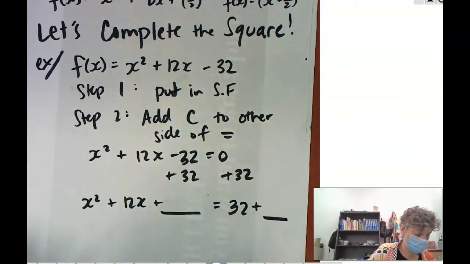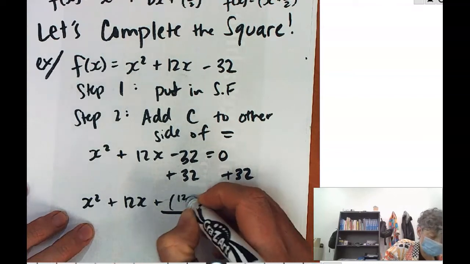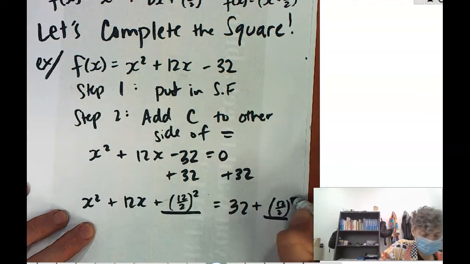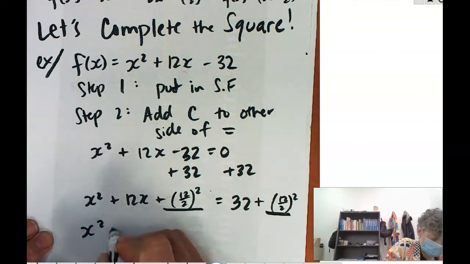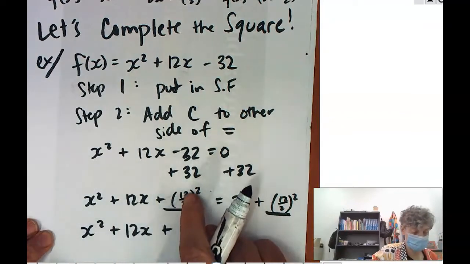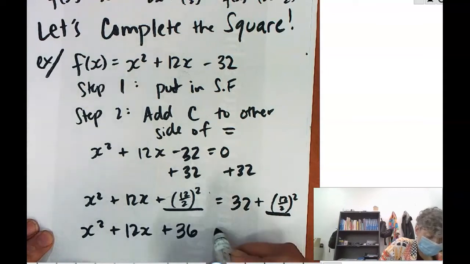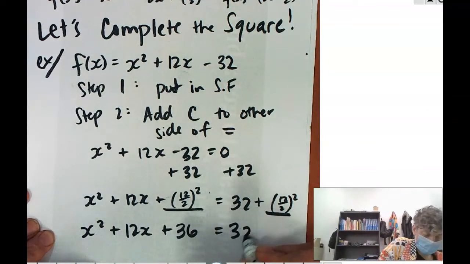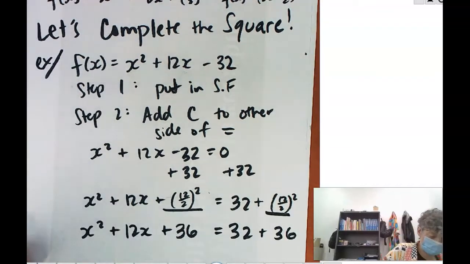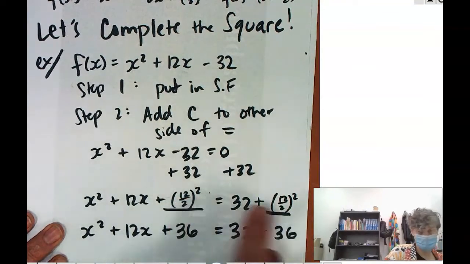That's going to go in both of these sides here. So we get x squared plus 12x plus, what is 12 divided by 2? That's 6, squared is 36, equals 32 plus 36. So that step that we just did was we added the b over 2 squared to both sides.